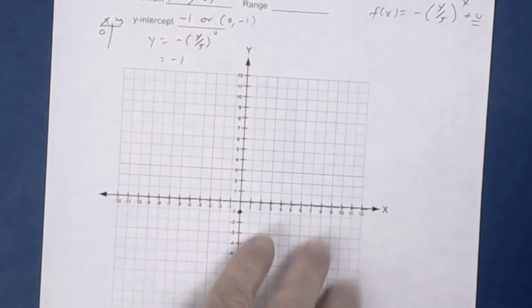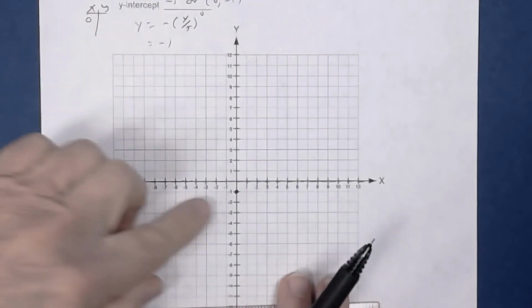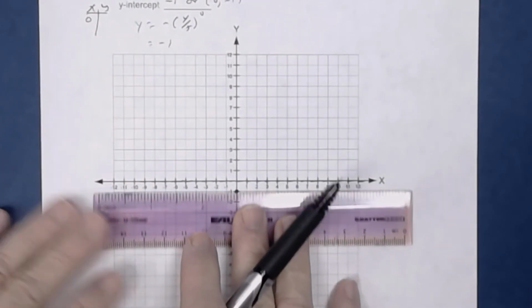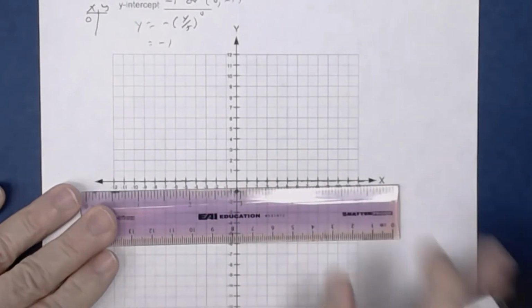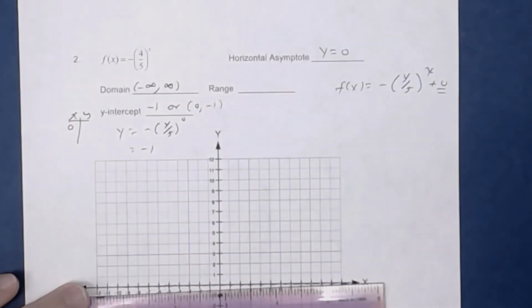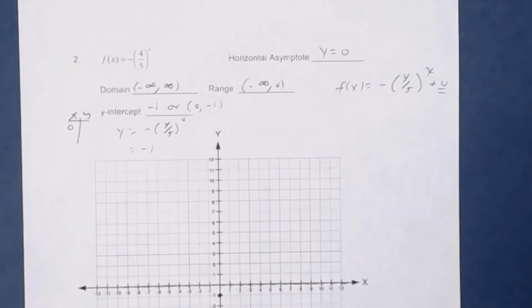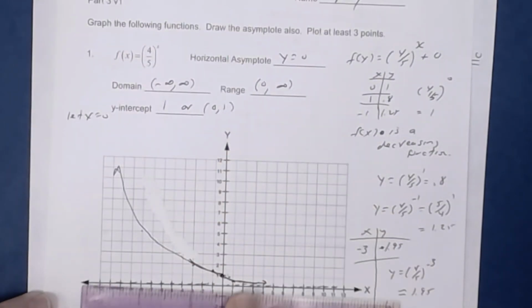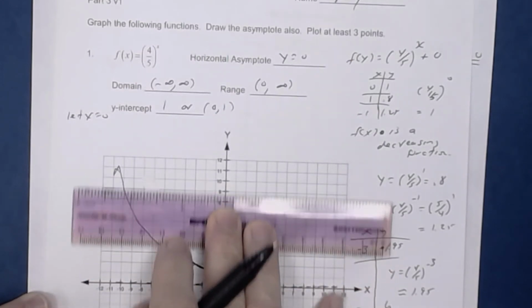I don't even need to know what the graph looks like to find the range, because I know that the graph is below the horizontal asymptote, and the horizontal asymptote is y equals 0, so it's going from negative infinity all the way to 0. So negative infinity to 0. That's your range. All right, so you didn't have to know the graph here to find the range.